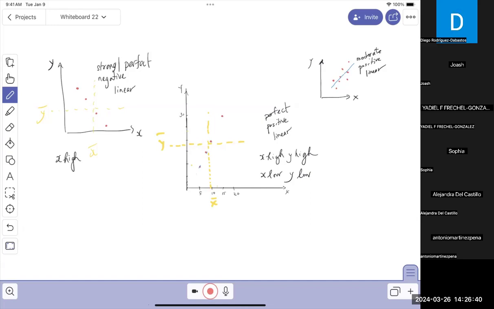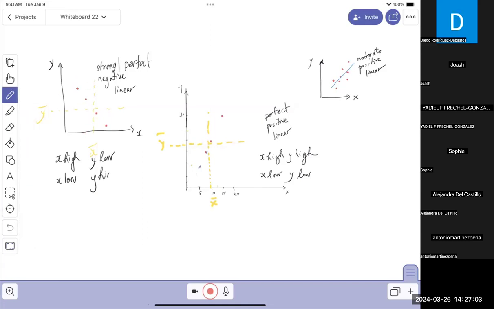High or low? High. When x is high, where's y? When X is high, Y is low. Very good. So when x is high, y is low. When x is low, y is? High. Very good. Denzel's got it.